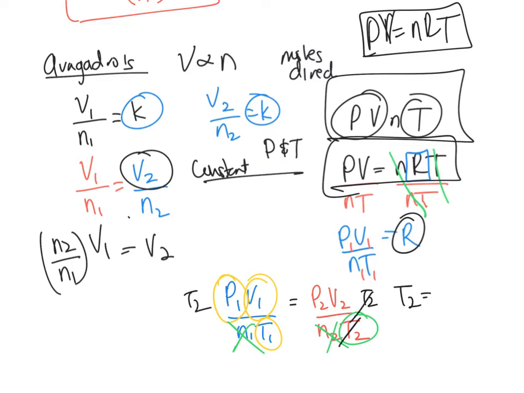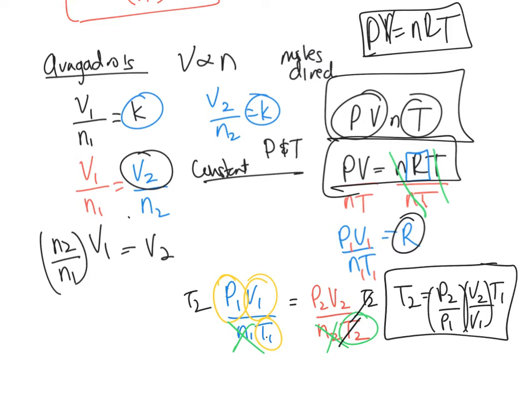Then you would have to isolate the T2. So it would be P2 divided by P1, then V2 divided by V1, and then you'd multiply the T1 up here. So you could have all these different conditions and solve for a final temperature, T2, depending on what the problem is asking you.